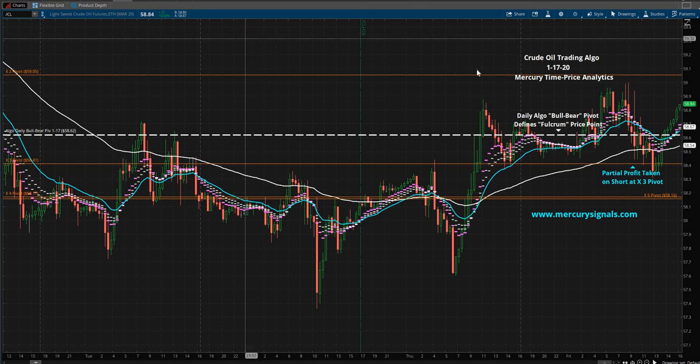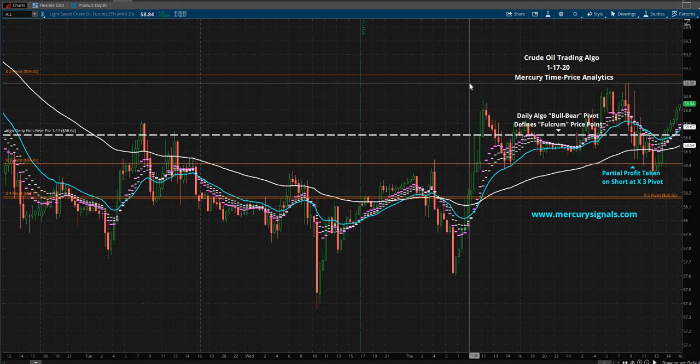It has one for bonds and one for crude, so you can see the live chart all throughout the day. Now, we generate these pivots before around 8 o'clock in the morning, before the heavier volume parts of the day kick in. So you've got these pivots ahead of time.